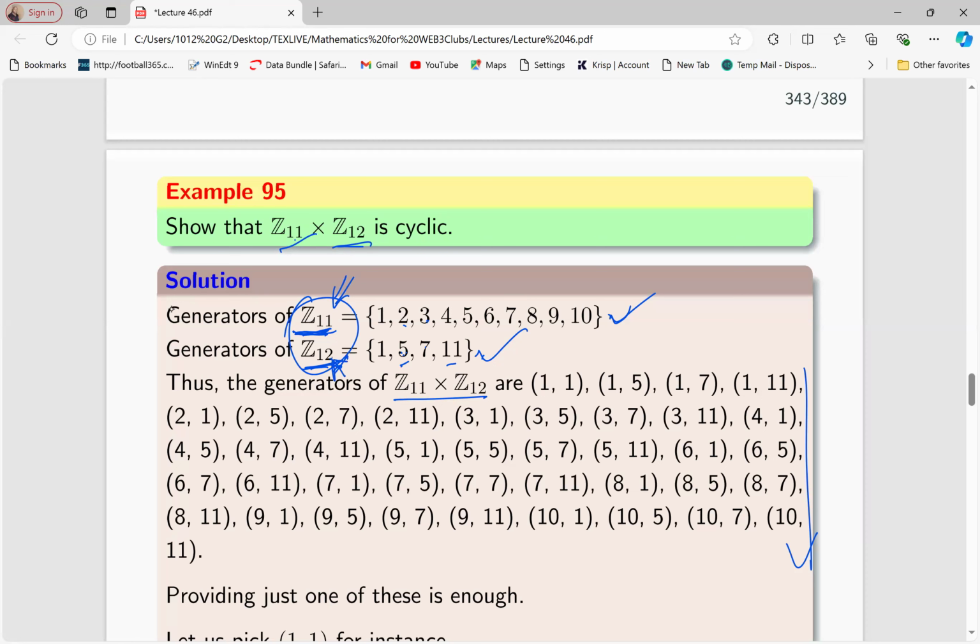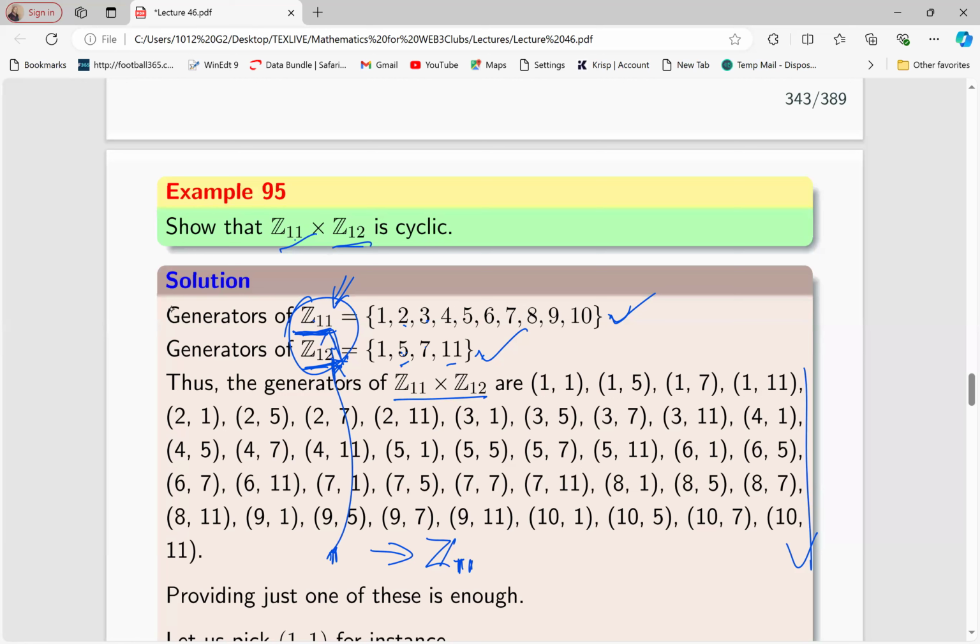Of course, we'll be having a function that will be asking for the generators of Z11. So you have a function that is calling on this other one to give it the generators of Z11. You have one that is just generating the generators, and one that calls on it: give me the generators of Z11.